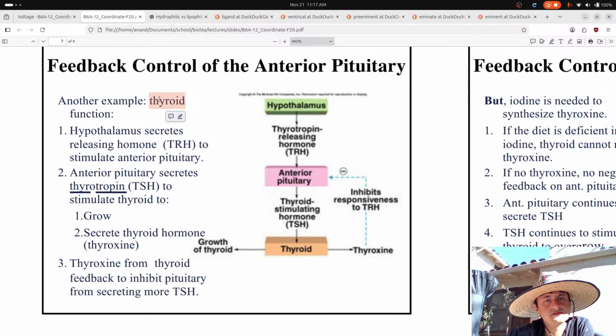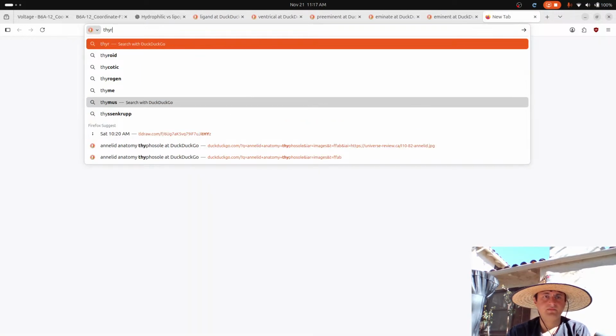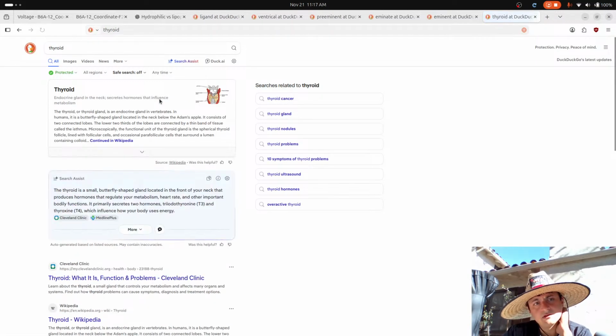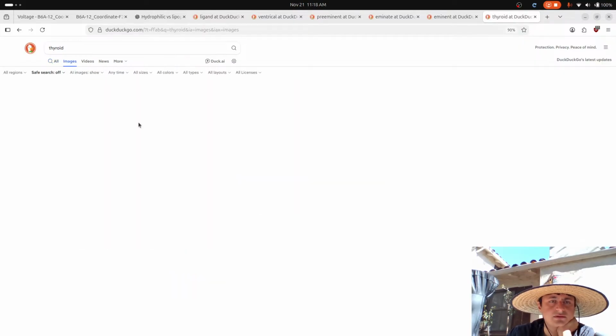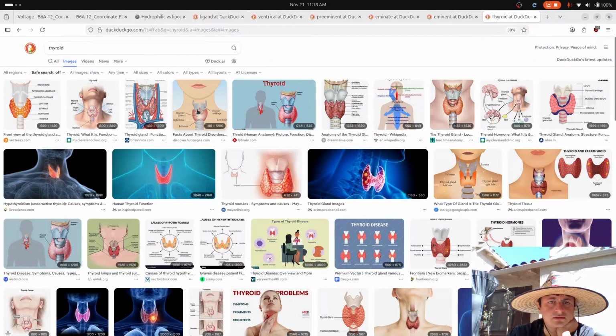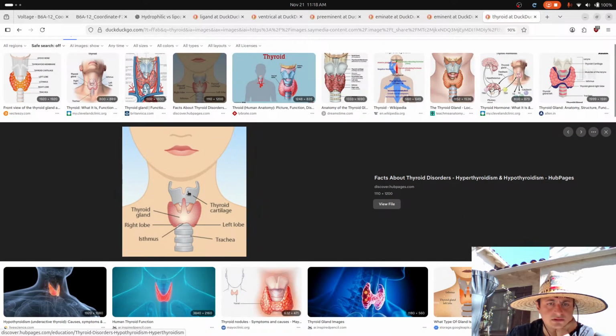Thyroid. What does thyroid mean? The thyroid is an endocrine gland in the neck. It secretes hormones that influence metabolism.